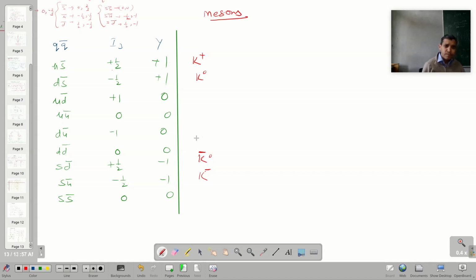Then it corresponds to pi plus and it corresponds to pi minus, these values. And let us talk about another, pi naught, and the pi naught is basically the combination of various quarks, u u bar minus d d bar divided by root 2.